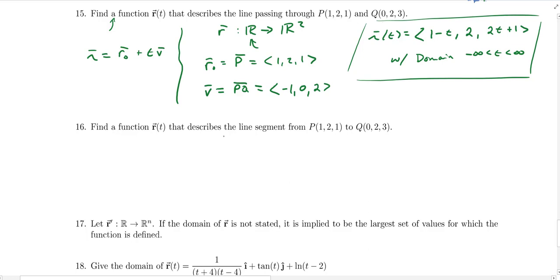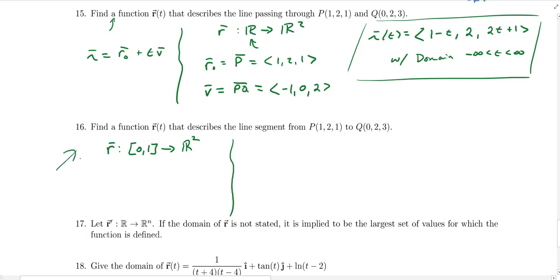So we could do the same thing down here for this line segment, but the difference is now usually when we do line segments, we're going to restrict ourselves to time values between 0 and 1. Now you could do other segments, other limited time values for a line segment, depending on different parameterizations, but we're going to restrict ourselves to time values between 0 and 1.